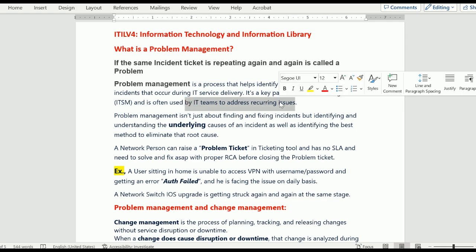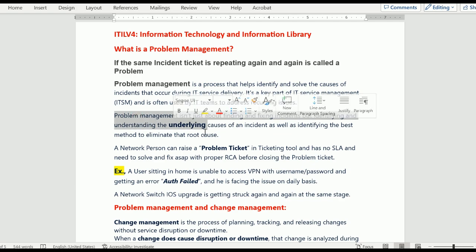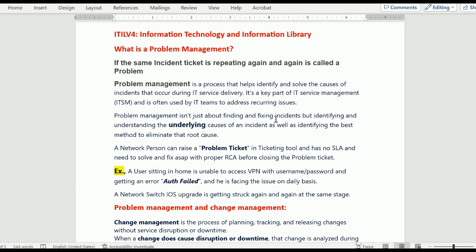Recurring means the same issue is happening again and again. Problem management isn't just about finding and fixing incidents, but also identifying the underlying cause of that incident and eliminating that root cause.